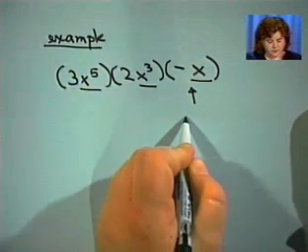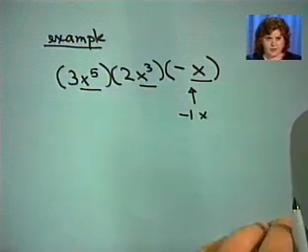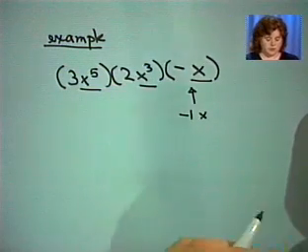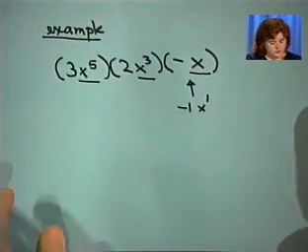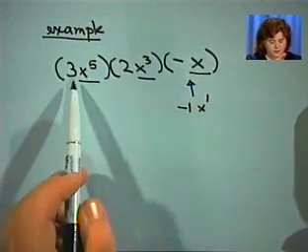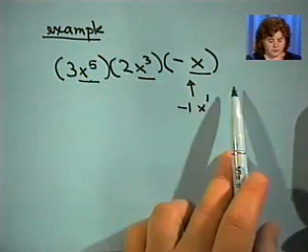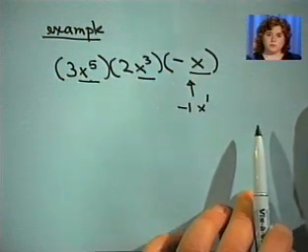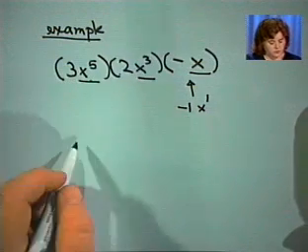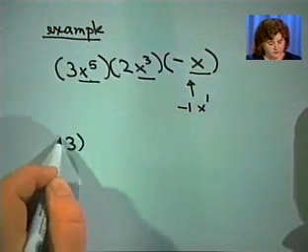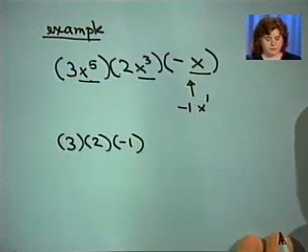Remember that negative x means negative 1 times x, and that when a variable stands alone, it has the power 1. What we have then is this 3x to the fifth times 2x to the third times a negative x. And we're going to group together all of these numerical coefficients. So we'll have a 3 times a 2 times a negative 1.